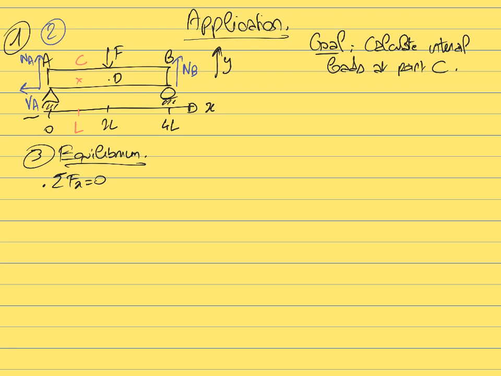But then when you calculate the projection of VA, you need to be consistent with the way you drew it. Here you drew VA as pointing towards the left, but the axis x is pointing towards the right, which means that when we write the sum of the projection of the forces along the x-axis equals 0, VA has a negative projection because it's not pointing in the same direction as the x-axis.